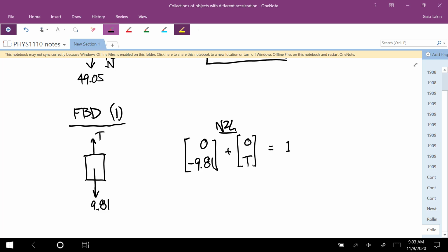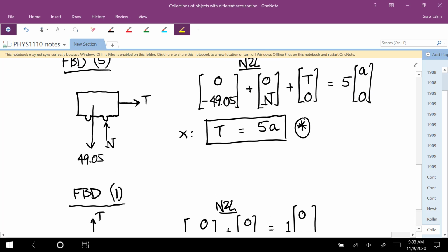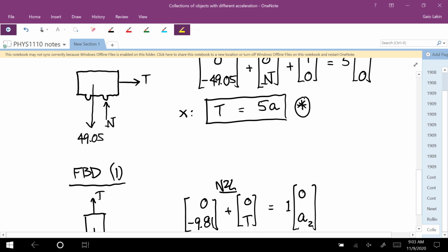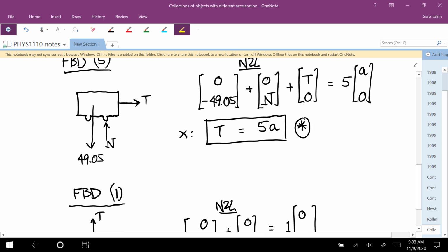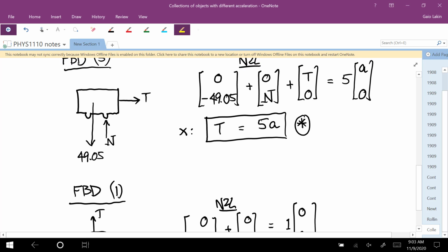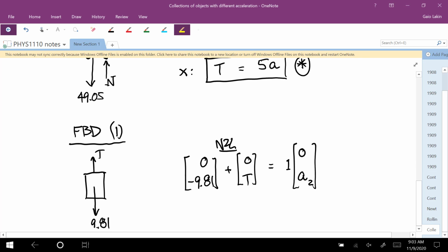Okay, this one is only going to be able to move up and down. So that's going to be in our y direction. So I'm going to call this 0, A2. So far, we've just figured out the directions of the accelerations, right? But we haven't made a connection between the accelerations of the two, because one depends on this variable A, and the other one depends on this different variable A2.